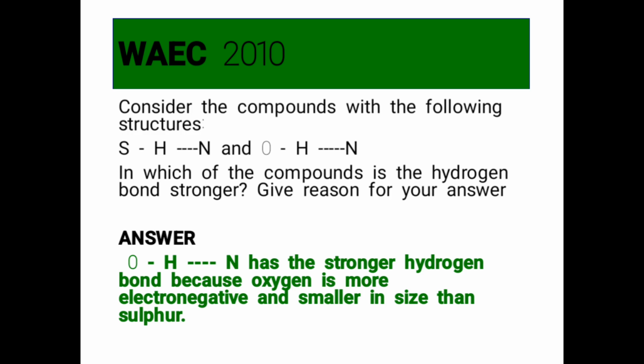It will be OHN. The simple analogy is that O is present in the second one, while for the first one, S is present. Between O and S, O is more electronegative. And like we have said, the more the electronegativity of that atom, the greater the strength of the hydrogen bond there. So OHN will be the correct answer here.